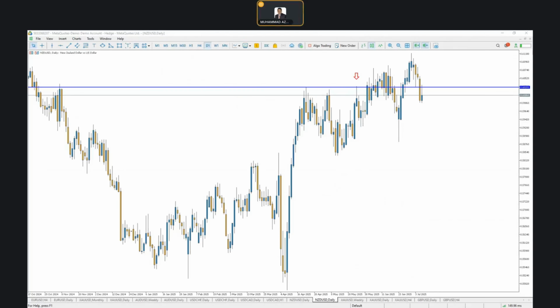This would likely weaken the New Zealand dollar, as it looks more dovish related to the Reserve Bank of New Zealand. The NZD USD currency pair could fall.